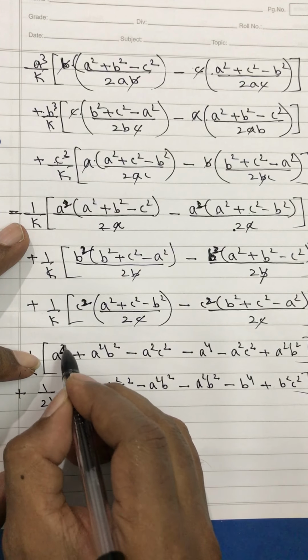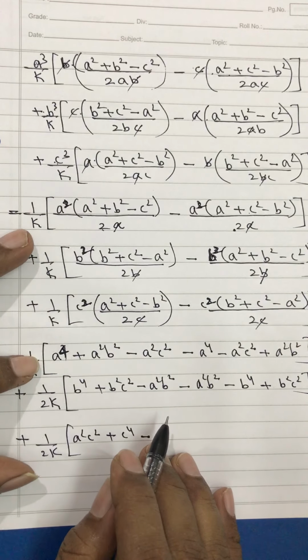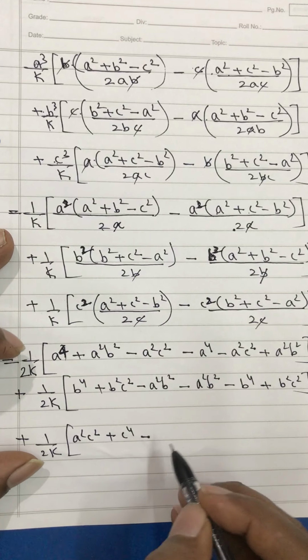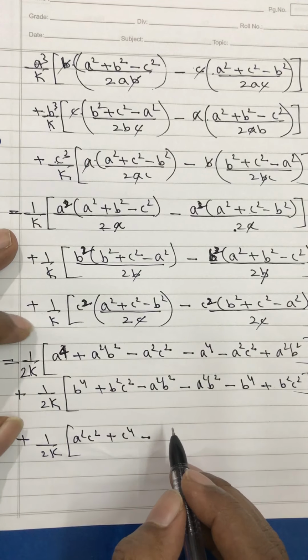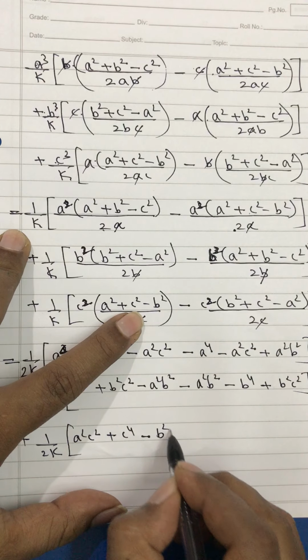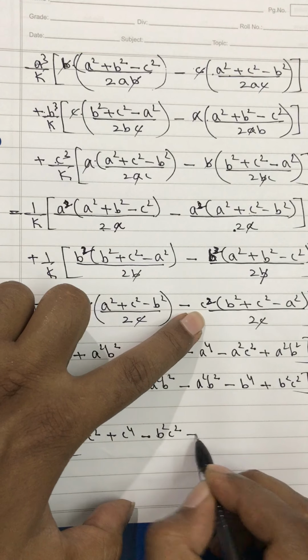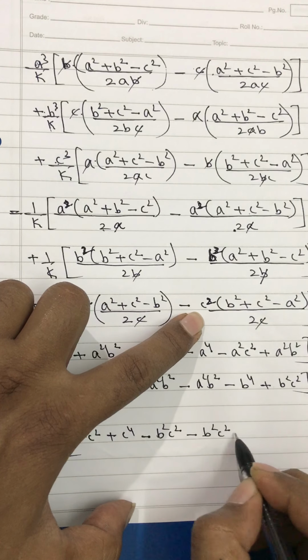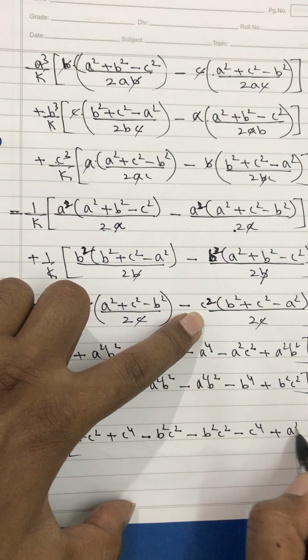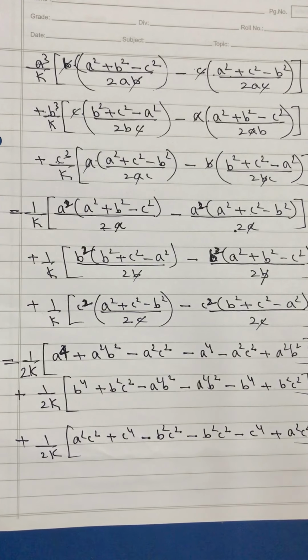This also is a raised to the power of 4. That's what I was thinking. A square c square, c raised to the power of 4 minus b square c square minus b square c square minus c raised to the power of 4 plus a square c square.